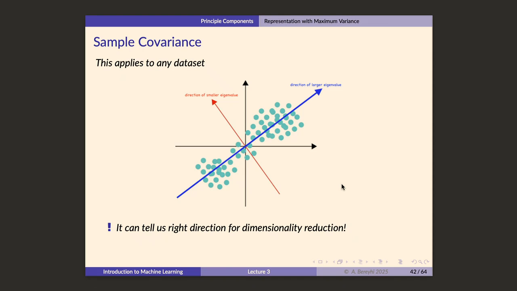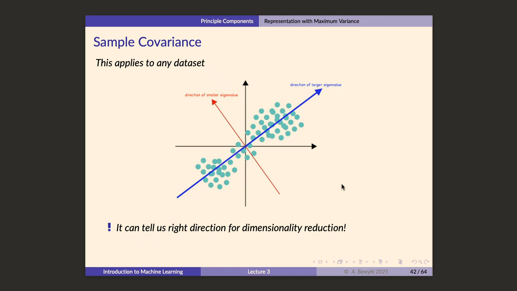Now, if in this case you wanted to choose one direction, which direction do you choose? The blue direction again, right? Because your data is mainly spread in that direction. It's not spread in the red direction. I mean, it's spread in that direction, but not majorly, right? The major spread is in the direction where your eigenvalue is larger.